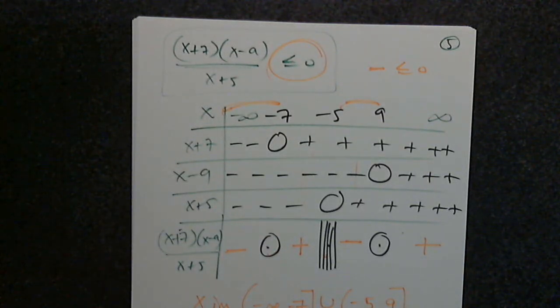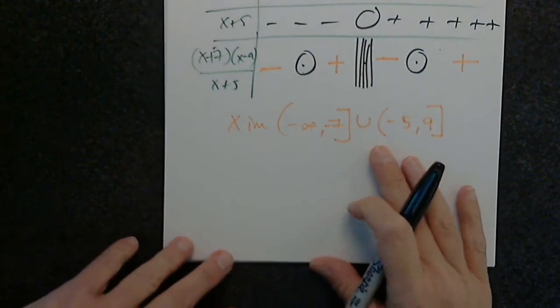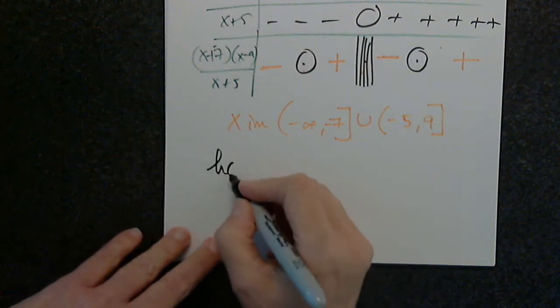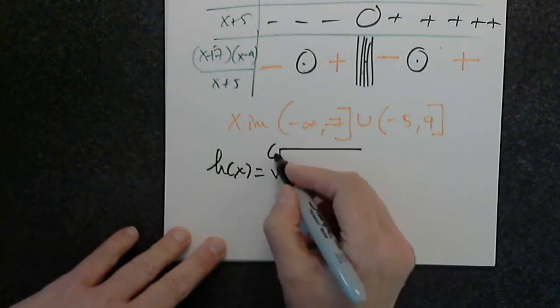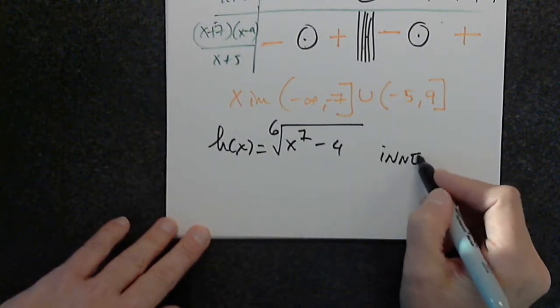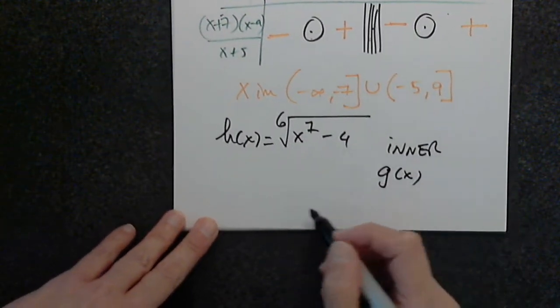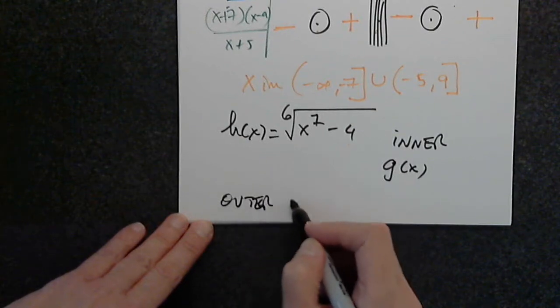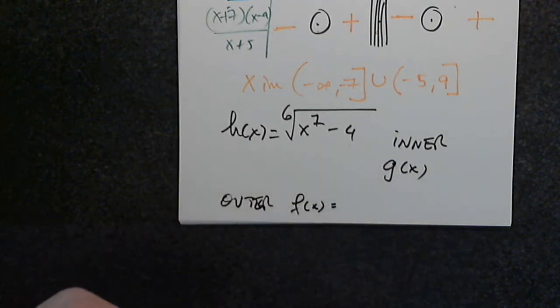Other questions on this? Anyone? So then we have h of x equals the 6th root of x to the 7th minus 4. They want an inner, let's call it g of x, and they want an outer, let's call it f of x.